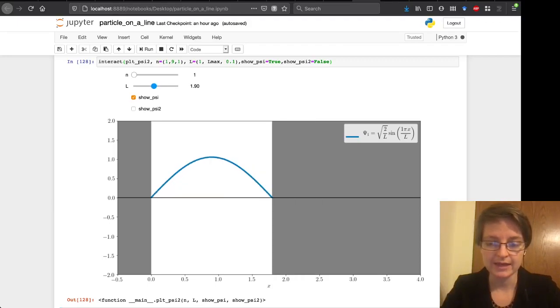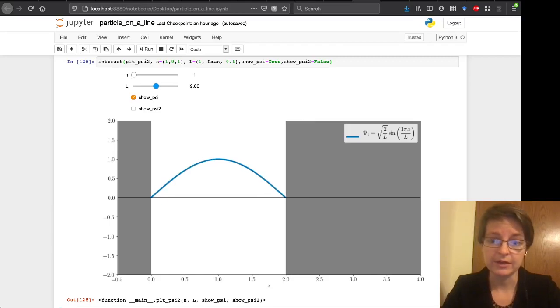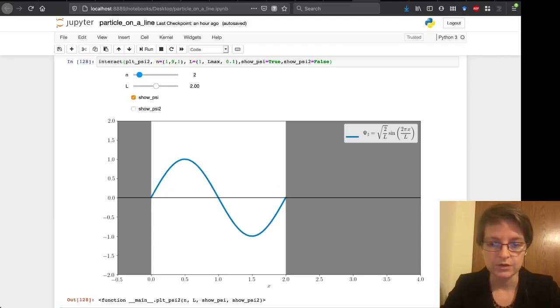And so what is going to happen as we increase our value of n? How does the shape of this graph change? Well, for n equals 2, notice that now we have one full oscillation of a sine wave. And so some of the notation that will get you used to is saying that this function has 3 nodes. In other words, places where the wave function is equal to 0. Just like in the n equals 1 case, there's always a node at x equals 0 and a node at x equals L, but now we notice an additional node showing up in the center of our box.